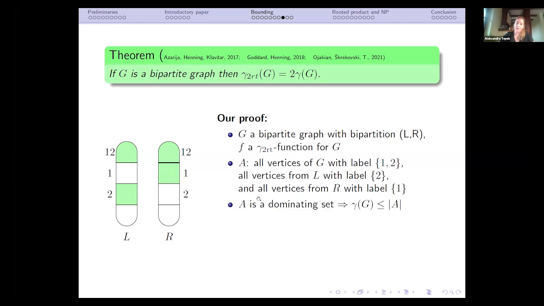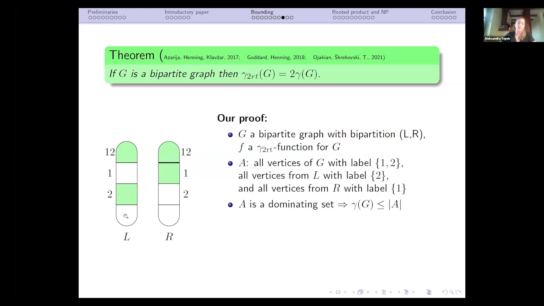And now I claim this A is a dominating set. This can be easily seen because we only have to check the vertices in these white parts. If I take such a vertex here, I know, because f is a 2-rainbow total dominating function, this vertex has to have a neighbor with 1, and it has it across here. And this is in the green part, so this vertex is certainly dominated by the set A.